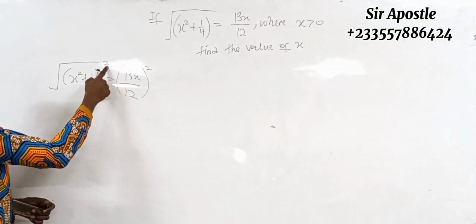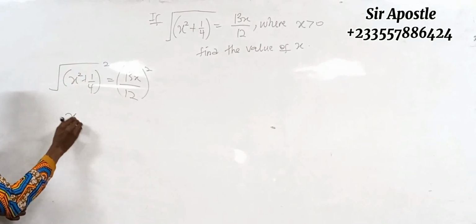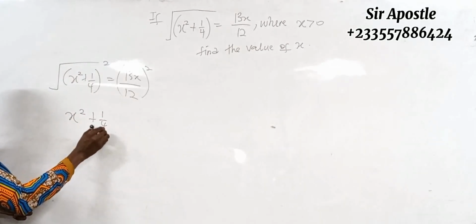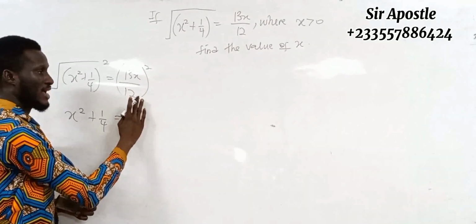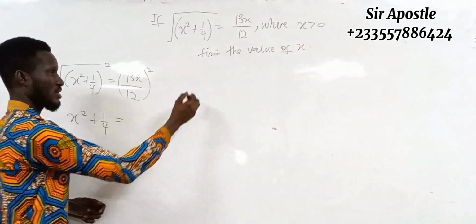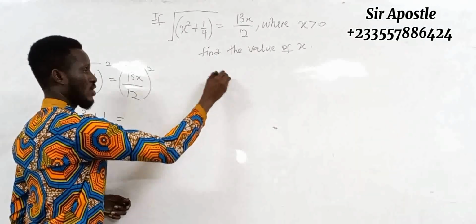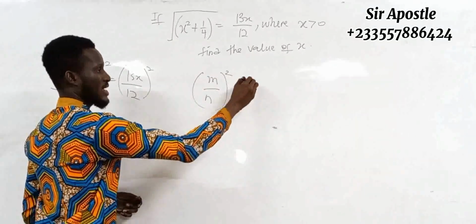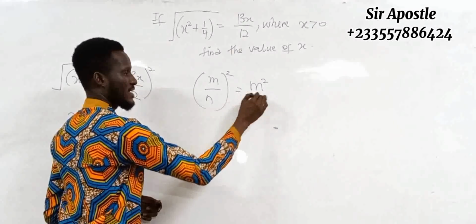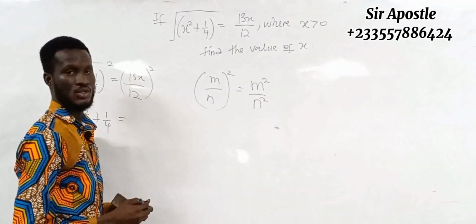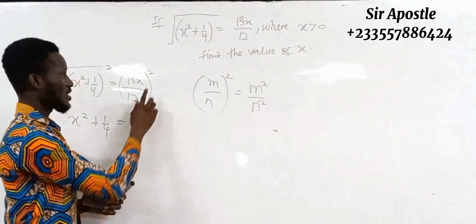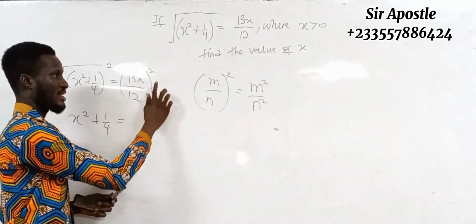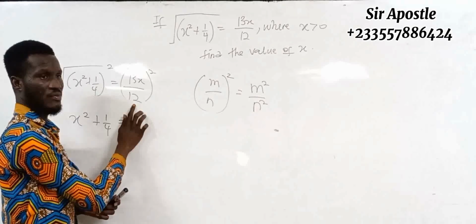Squaring this one, the square will cancel the square root. So I'm going to get x squared plus 1 over 4 equal to. Now, what's the meaning of this one? If I have 13x over 12 all squared, what does it mean? If I have m over n all squared, it means the square is affecting the numerator and the denominator. So the square will affect 13x and the square will affect 12.